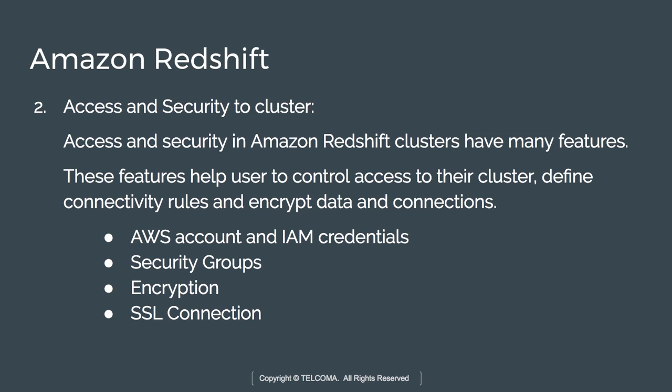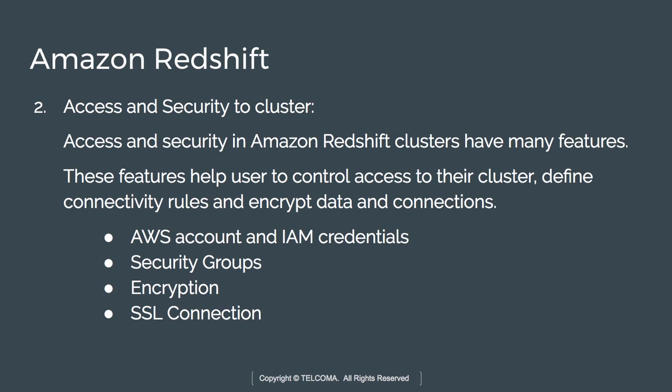Next, we have security groups. Identity and access management credentials only control access to Amazon Redshift API related resources, the Amazon Redshift console, and the command line interface. To enable access to the cluster from SQL client tools via JDBC or ODBC, the user uses security groups.